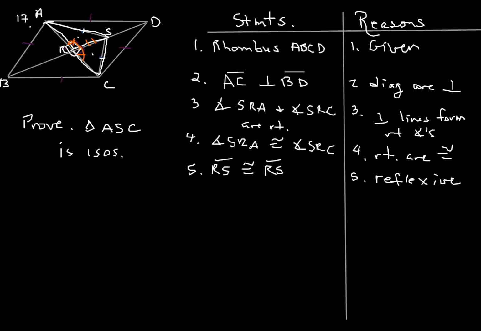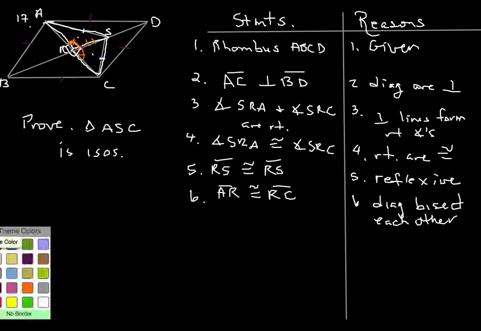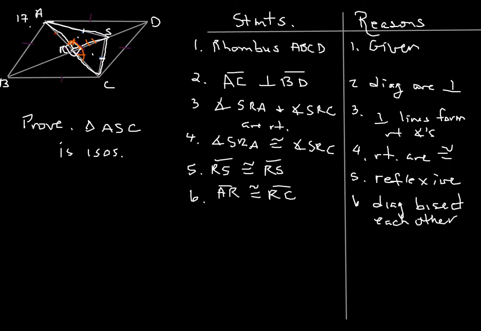Got it. The next thing we can say, remember we talked about diagonals bisecting each other? So we can say AR is congruent to RC because diagonals in a rhombus bisect each other. Let's get out our orange crayon again, and we can say this one is congruent to this one.